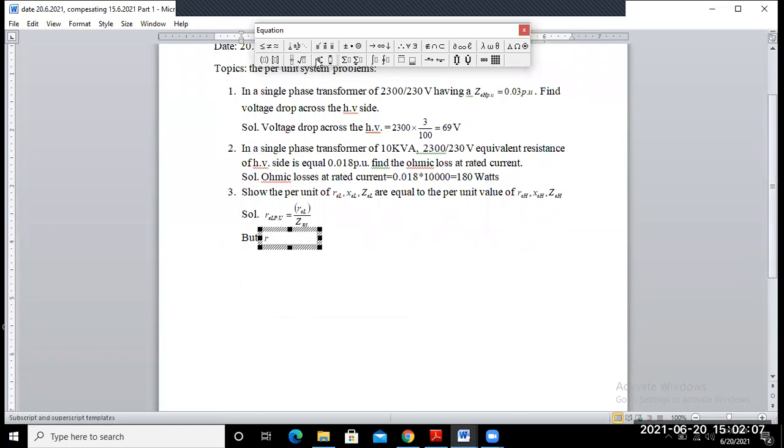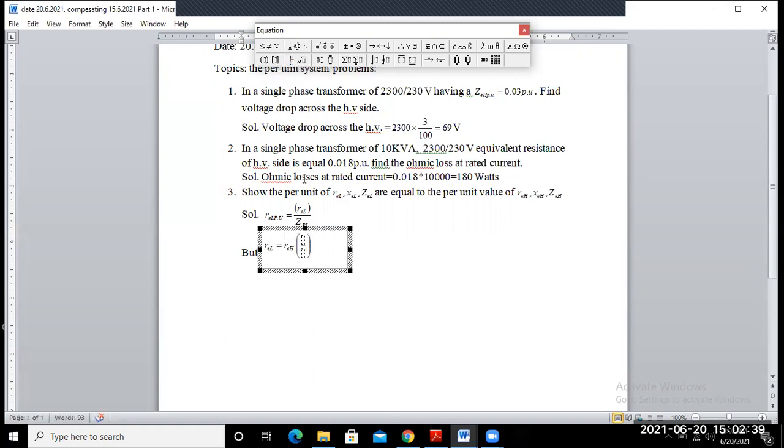So R_EL can be written as R_EH into the number of turns of the low voltage side divided by the number of turns of the high voltage side, whole to the power square.